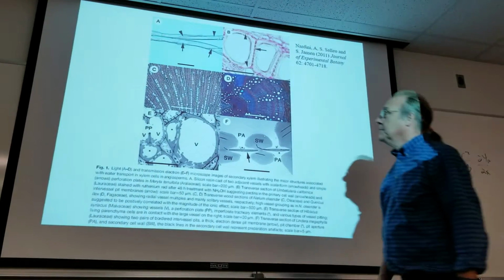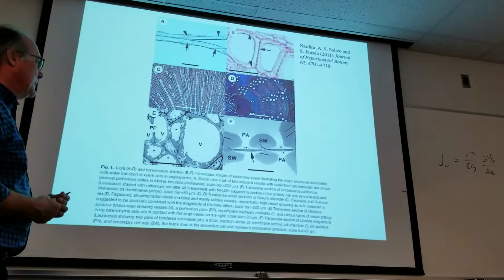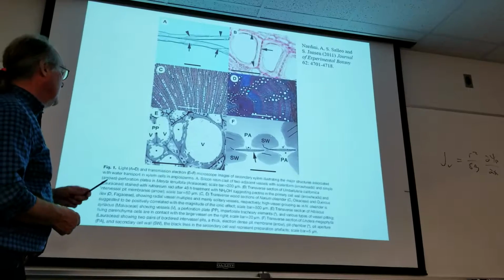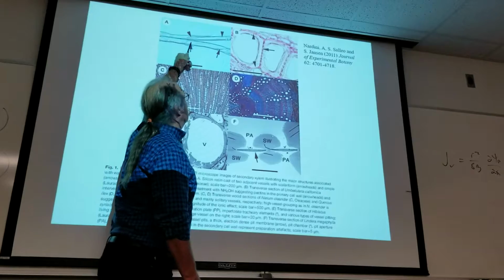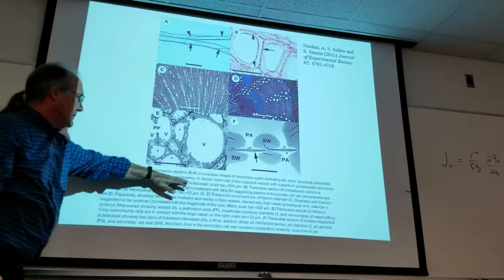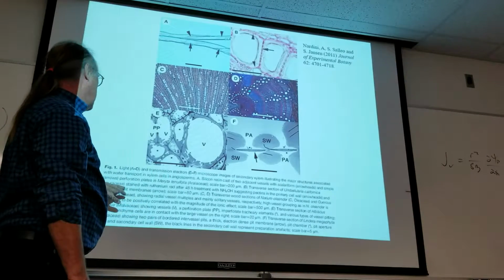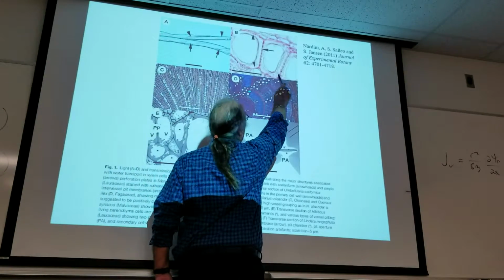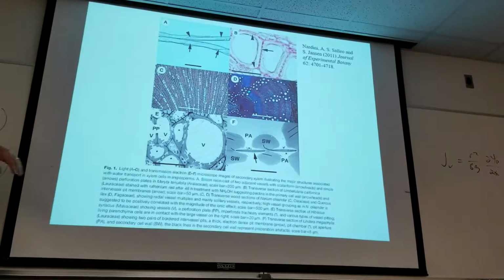Some more pictures before getting to data graphs. What do we have here? These are the perforation plates between two vessel members in whatever species this is. In B, transverse section, this just shows pectins in the cell wall of these transporting cells.